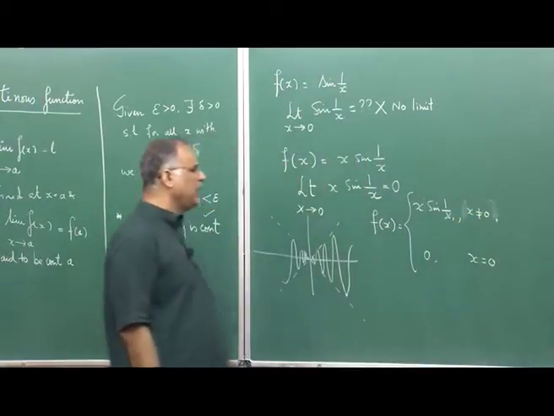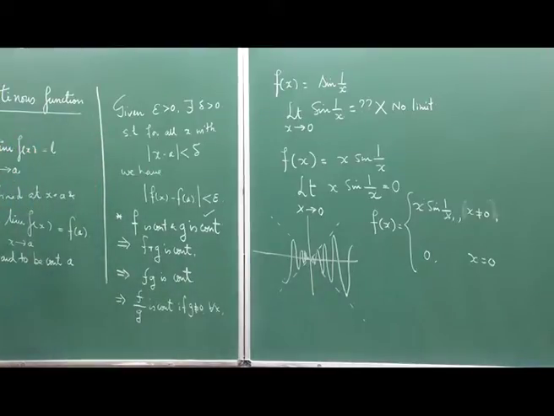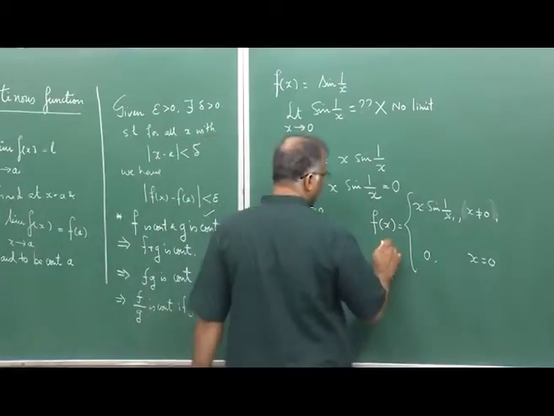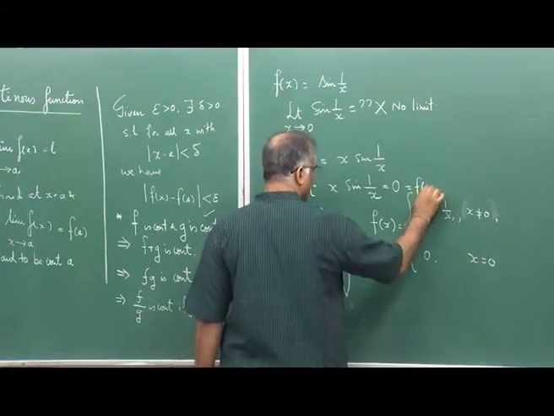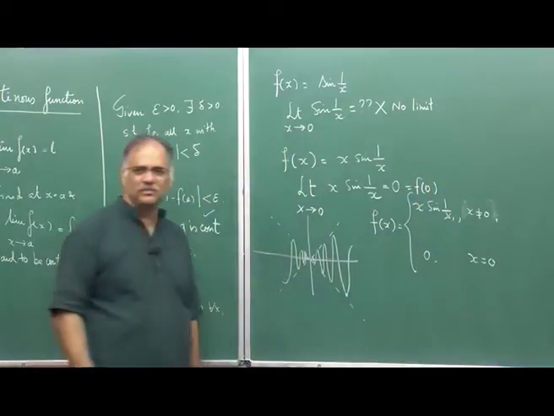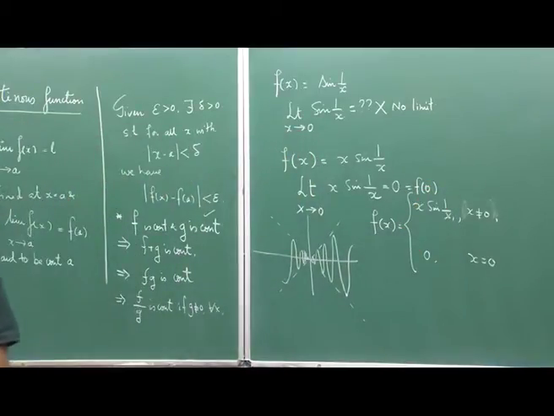Once I define it like this, then immediately I know that the limit is f(0), and hence the function is continuous at 0. So I have redefined the function and the redefined function is now continuous.